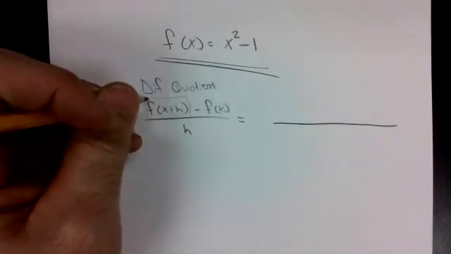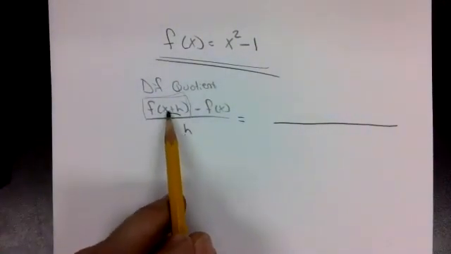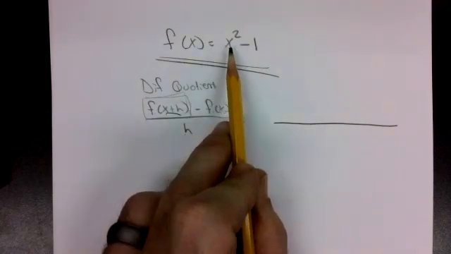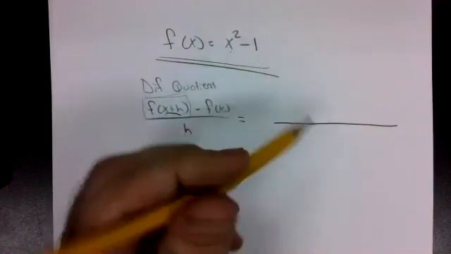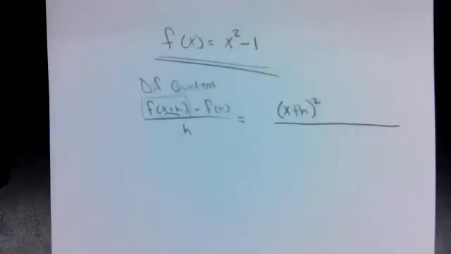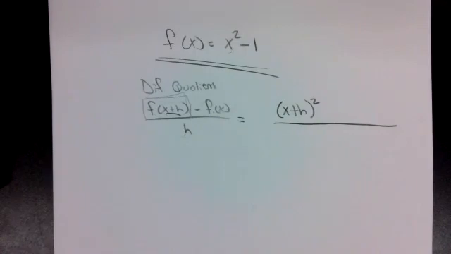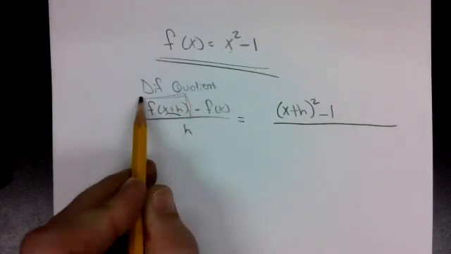So again, this first part, f of x plus h, means I'm going to take this x plus h and plug it in for x. So this is going to be x plus h, quantity squared, and then minus 1. That's this piece right here.